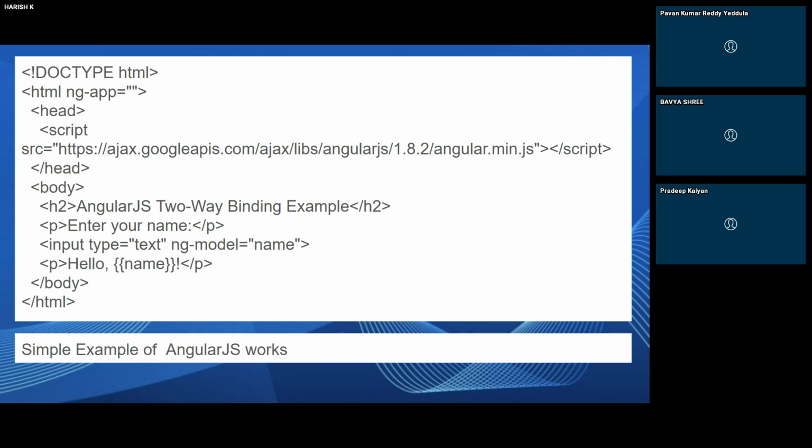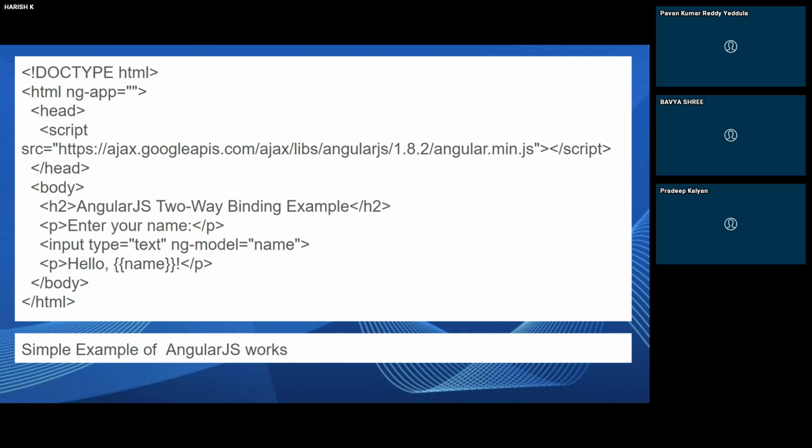You can also use ng-app in divisions, because sometimes we don't use the HTML sections and jump directly into divisions. At that moment we can use a div with ng-app. This is where AngularJS starts.